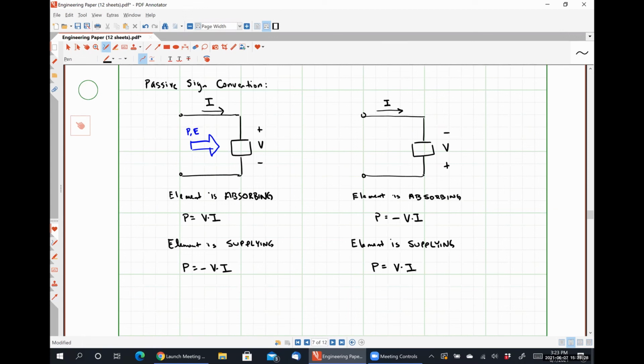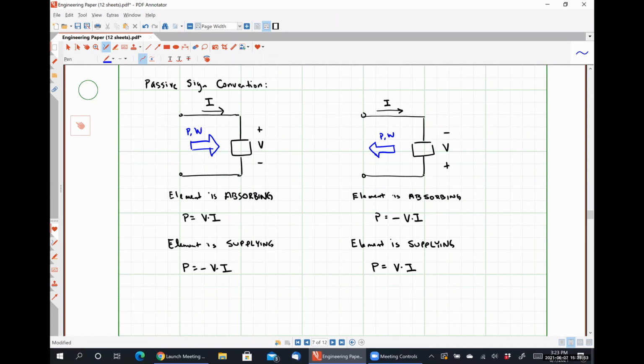And when the current is flowing into the negative polarity terminal, this is what we consider to be supplying power. I would typically depict that as the power flowing out. This is W and not E, since we're using W as energy.